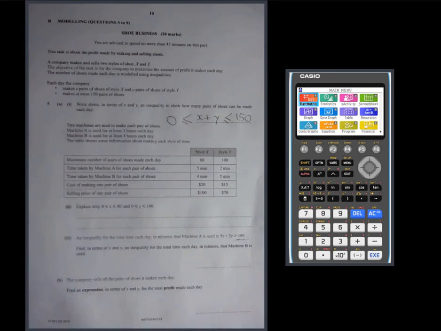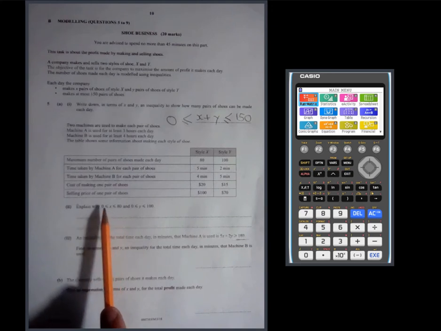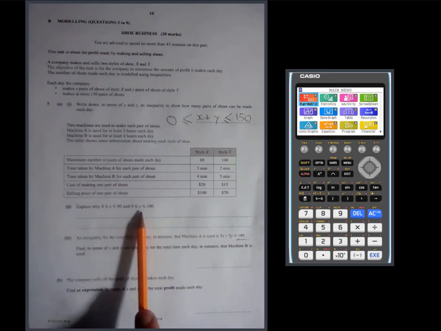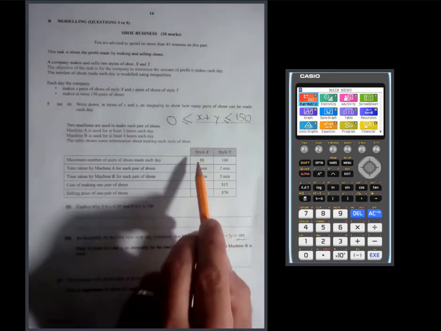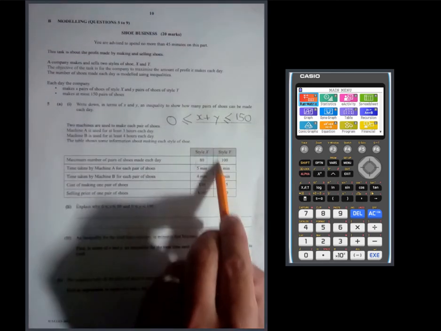So what are we being asked first? Explain why X is greater than or equal to 0 and less than or equal to 80, and Y is greater than or equal to 0 and less than or equal to 100. So if you look at the first row in the table, you can see an 80 and a 100.